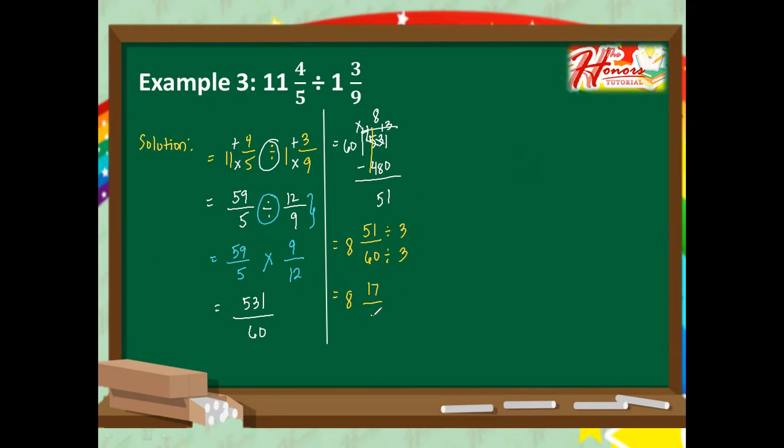That is 20. So this is the final answer, 8 and 17 over 20, because your fraction part, which is 17 over 20, is a proper fraction. So there's no need for us to change that into a mixed number. And also, there's no number that can divide the numerator and denominator at the same time without remainder.